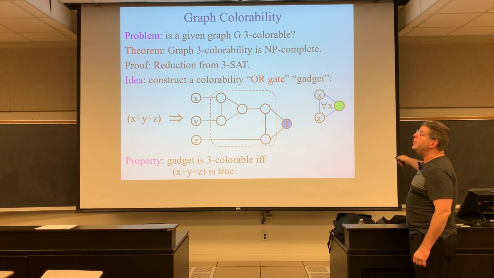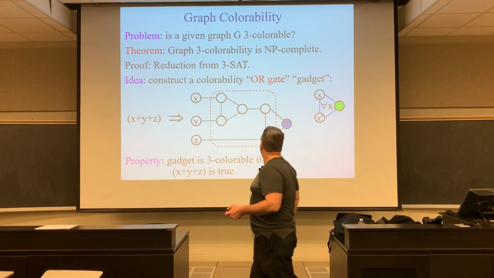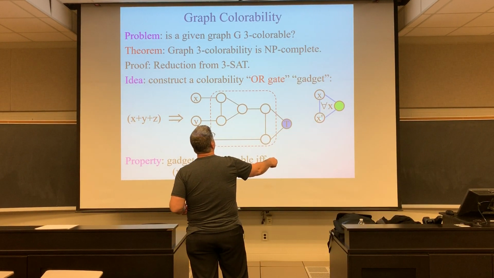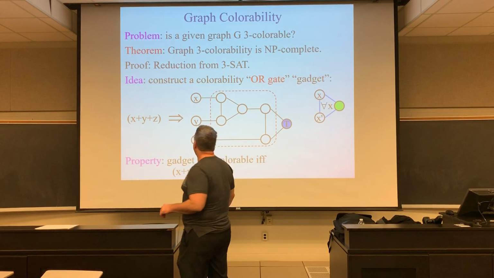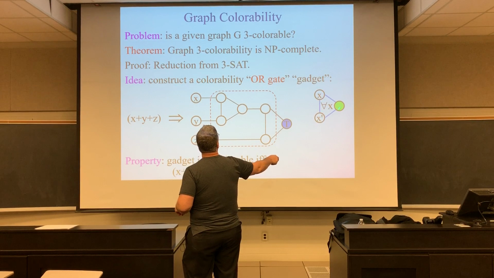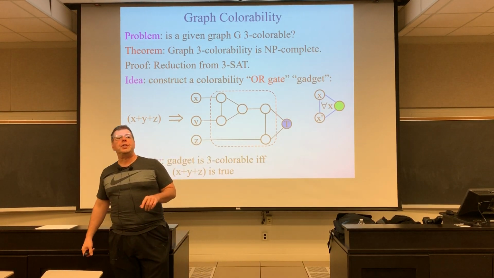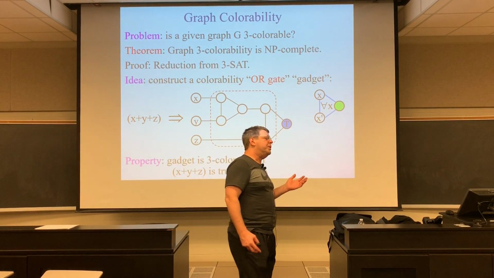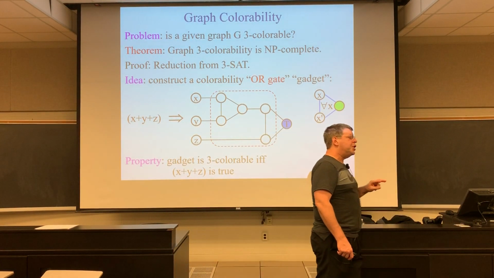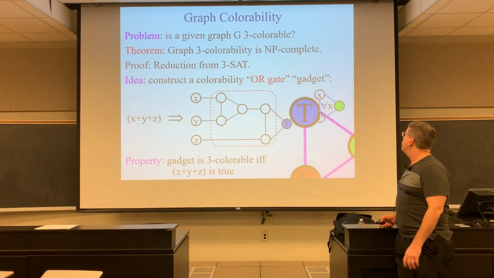So whatever that third color ends up being in the colorability instance solution, x and x naught cannot both be the same color as each other and the same color as this. So the other 2 colors besides this will be the truth and the false color, the colors that correspond to true and false. Colors cannot be true and false, they must be colors. But they correspond to true and false in a way that we'll see more clearly soon.